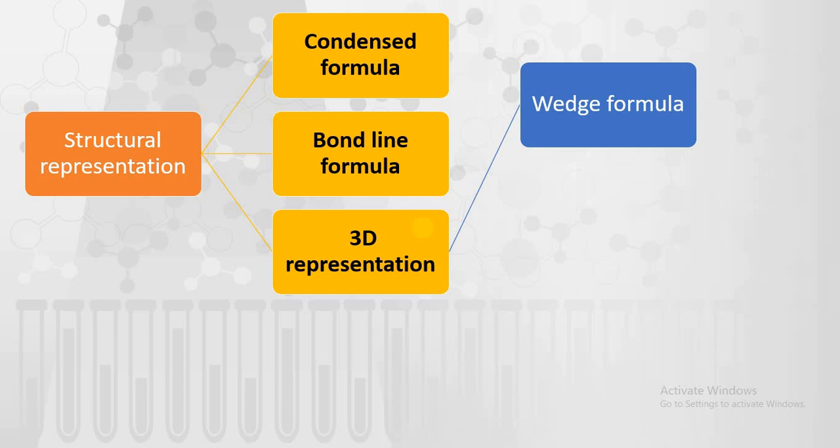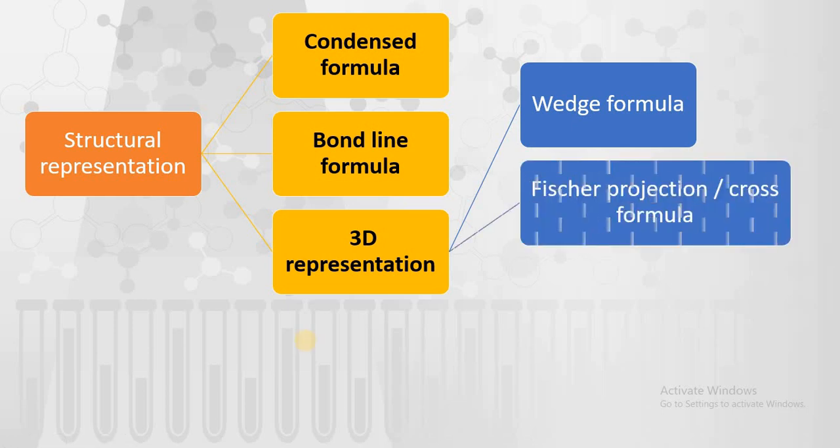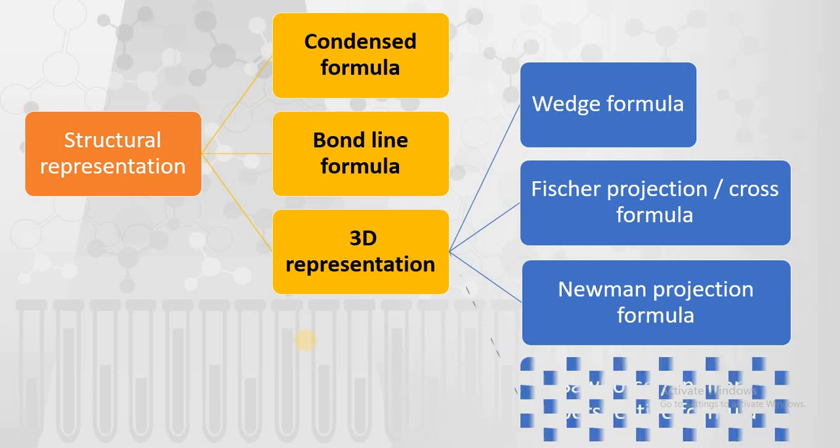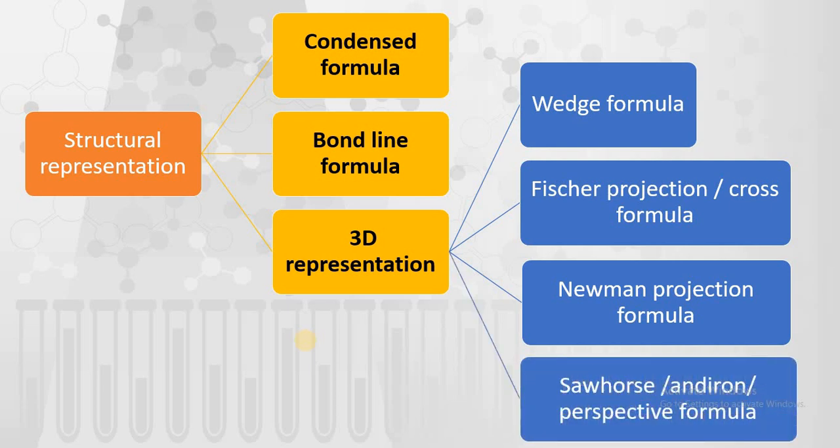In the 3D representation we go somewhat deeper: the wedge formula, the Fischer projection or cross formula, then the third one is the Newman projection formula, and the Sawhorse representation, also called the perspective formula. These are the different names. One by one we will see what those formulas are in which the molecules are explained.